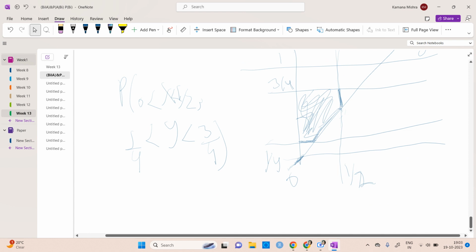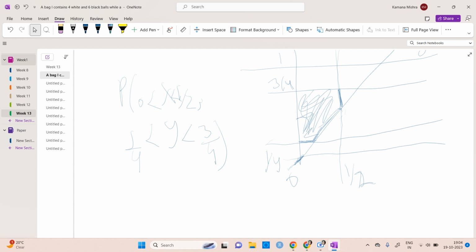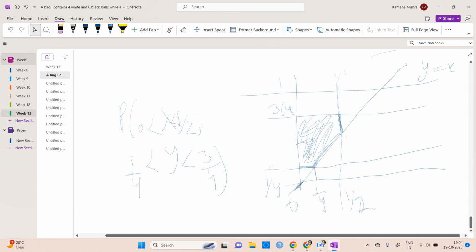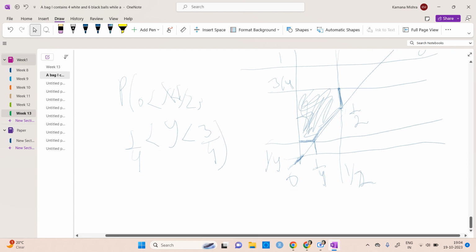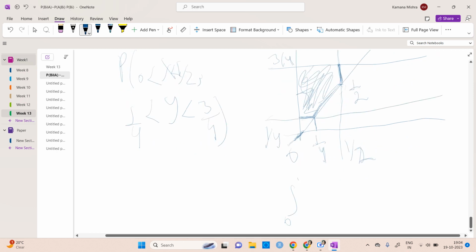Now we can do the limit again, and then again it's dependent on you how you want to do. So this is 1/4, so this would also be 1/4, and this is 1/2, so this would also be 1/2, and this is 3/4. Okay, so now you can take x from 0 to 1/4.